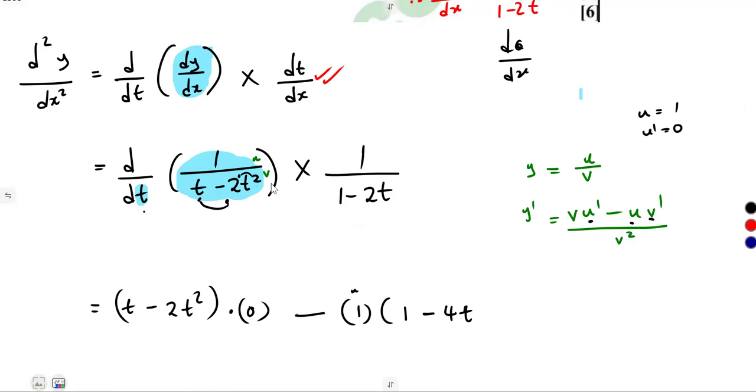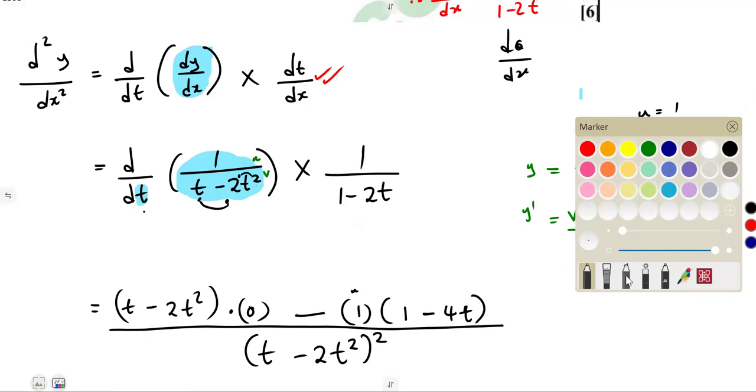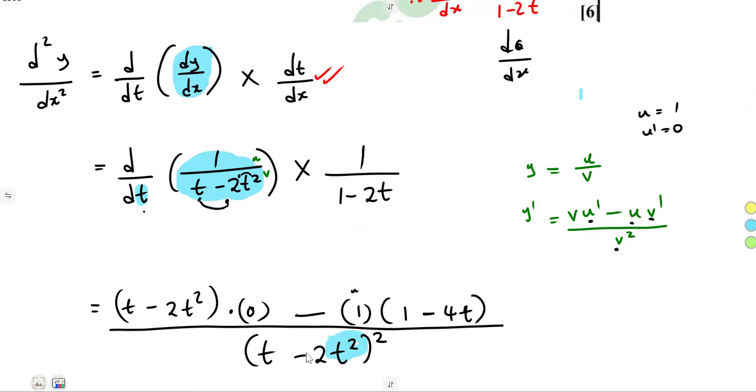Remember, we drop the power, then subtract 1. So that's 4t, everything over v squared. Our v is the denominator, which is t minus 2t squared, but we must square it. So this is our v, we must square it. All right?